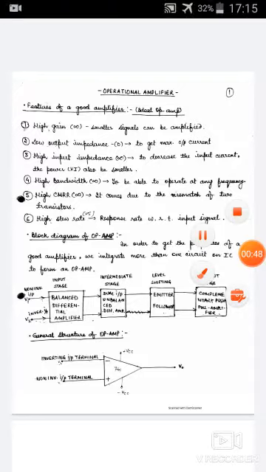Today, we will discuss the operational amplifier, which is basically an integrated circuit, that is an IC. First of all, before starting it, we should know what the features of a good amplifier are, or what the characteristics of an ideal operational amplifier should be.